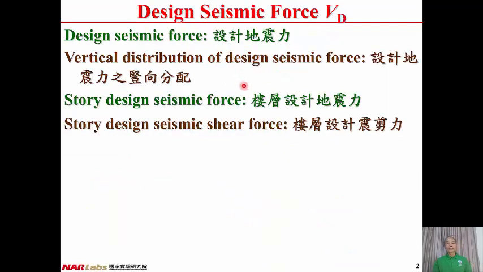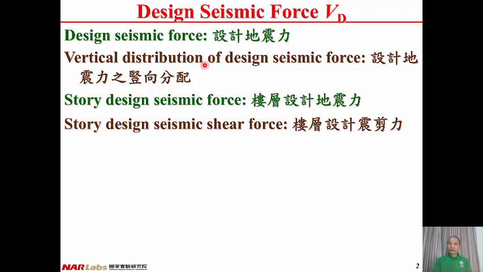And here are some terminologies. Design seismic force, in Chinese, 设计地震力. Vertical distribution of design seismic force, in Chinese, 设计地震力之垂直分配. Design seismic force is the total seismic force for the design of the structure, and it is distributed to every floor, every story.